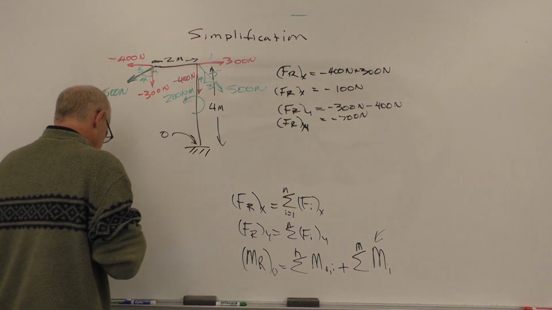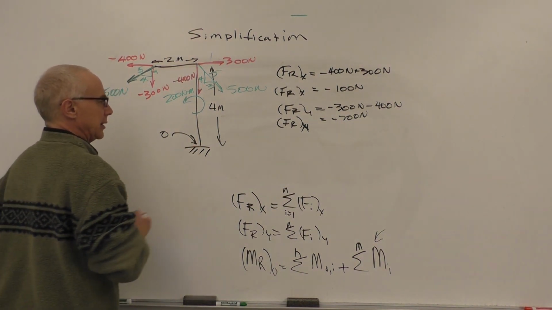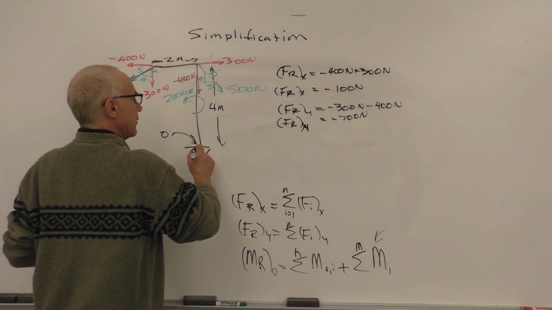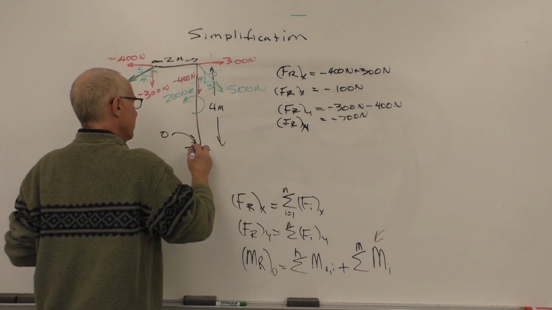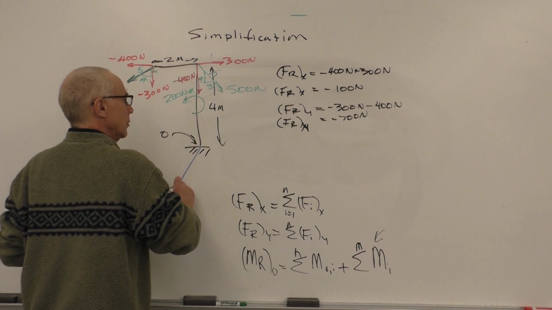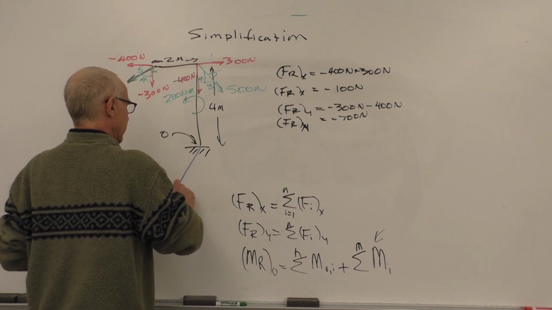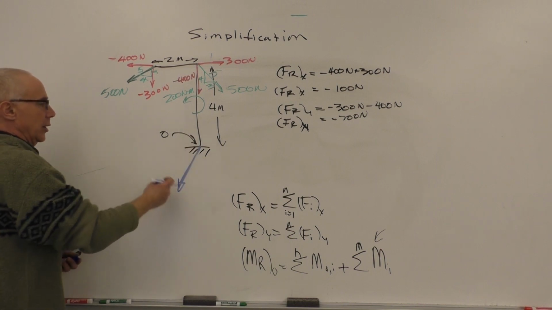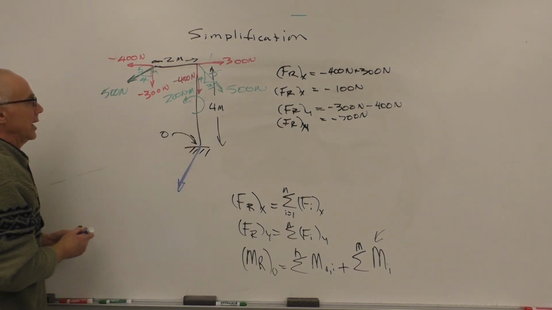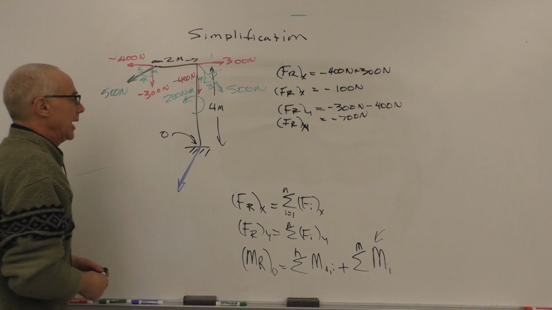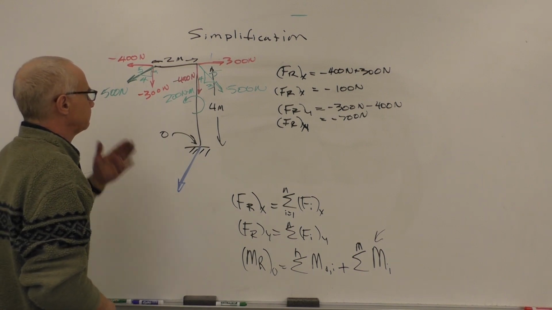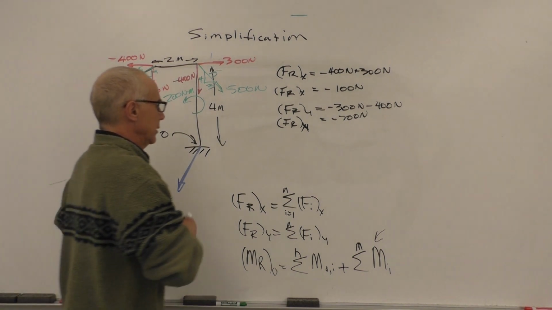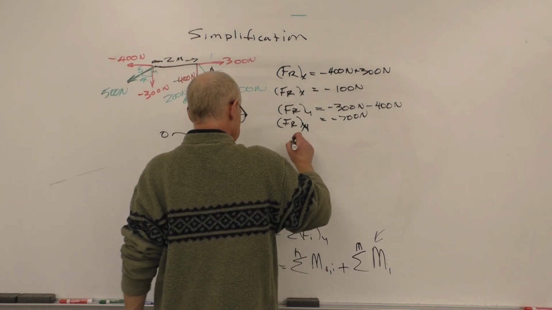I'll just put in the vector. It's sort of relative. So negative 700 y and negative 100 in x. Kind of like that. So 700, 100 in this direction. Kind of makes sense. I buy it. And now we got to get the moment. And it's also going to be applied at that location.